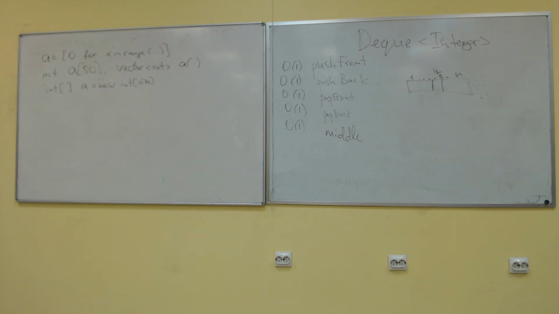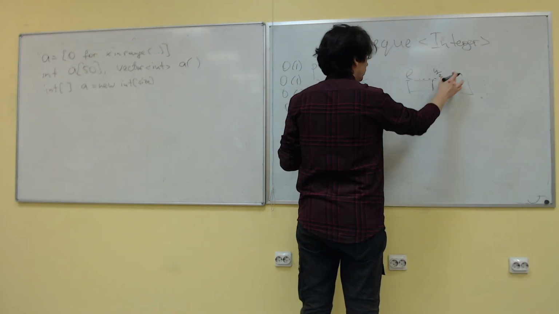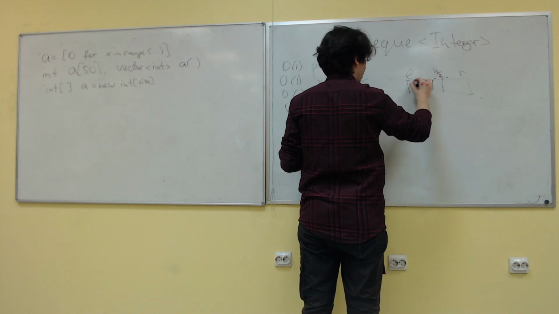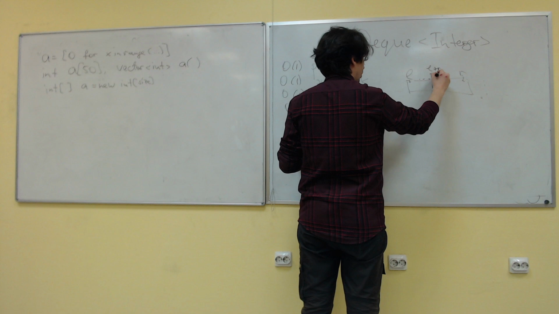Student: Does the middle operation just return the element at n divided by 2? Yes, you can do it, but it's not exactly that, because if you think about the Deque itself, it has a left position L and a right position R that are taken, and you have to take (L+R)/2.